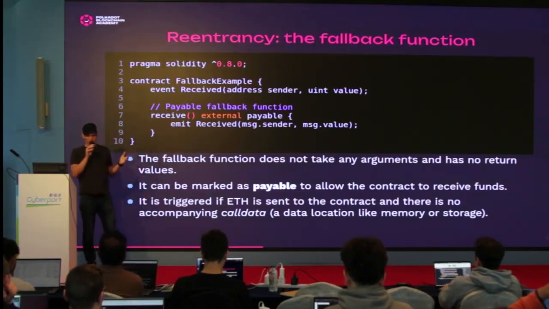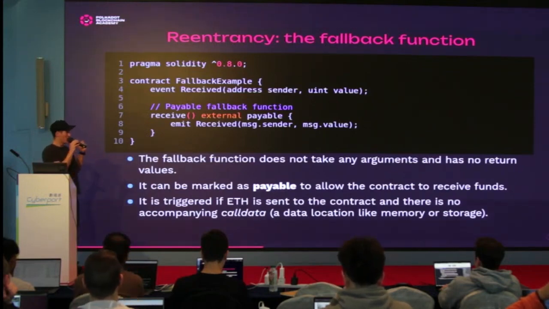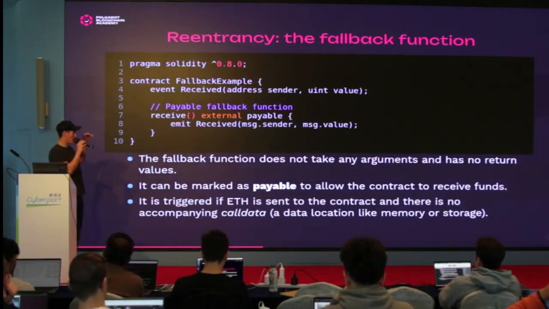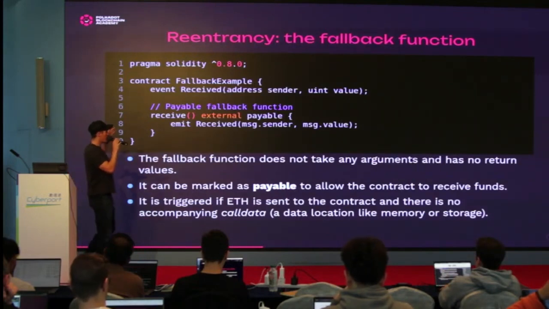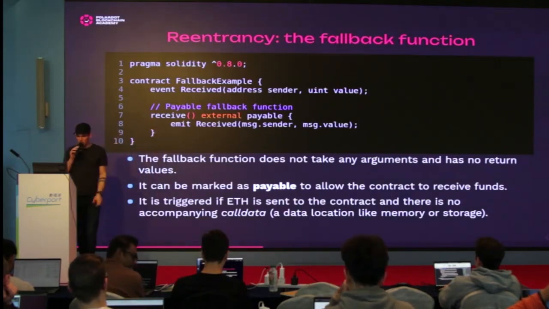So basically, when you send some funds to an Ethereum contract, this call would be executed. And the problem is, or maybe not the problem, but these fallback functions, they can invoke arbitrary code. And that's what the attacker used.